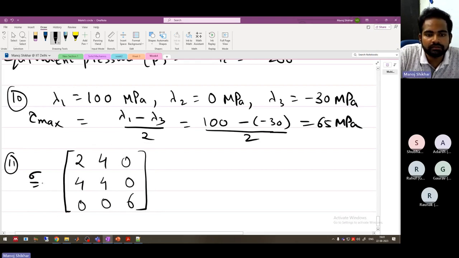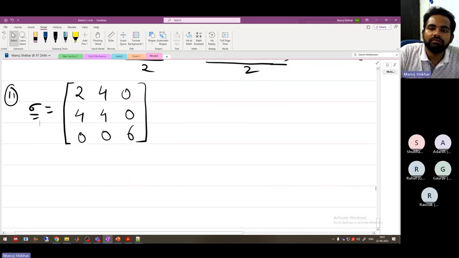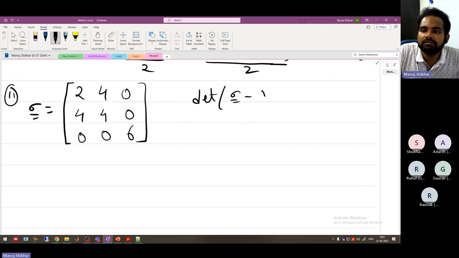They have given this sigma. So how will you find the eigenvalues? Determinant of sigma minus lambda I equal to 0.